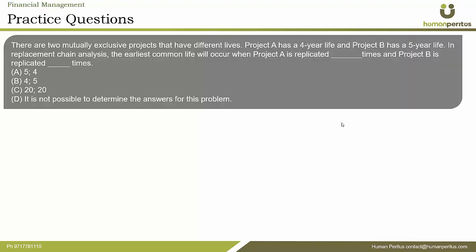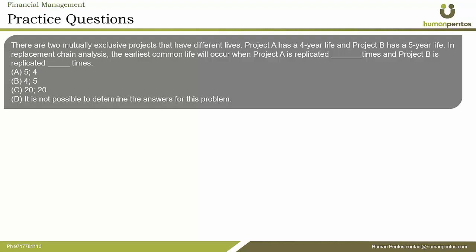Okay. The question says there are two mutually exclusive projects with different lives. Project A has a life of 4 years, project B a life of 5 years. So taking the LCM of 4 and 5 is what? 20. So the timeline will be 20 years. So project A is replicated how many times? 5 times, because 4, 4, 4, 4, 5 times. So project A is replicated 5 times and project B is replicated 4 times.